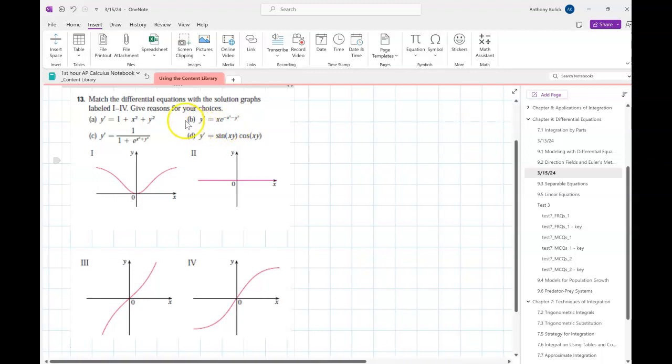Well, when I look at B, this horizontal line here at 0 has y coordinate of 0 all the time, right? So if y is 0 all the time, that's going to be sine of 0, which is 0, times cos of 0, which is defined, that's 1. So this one looks like my answer for D.